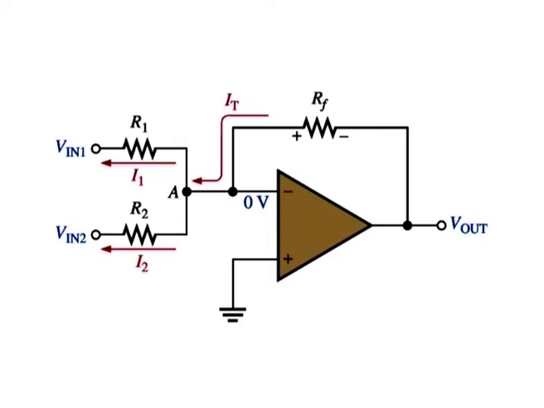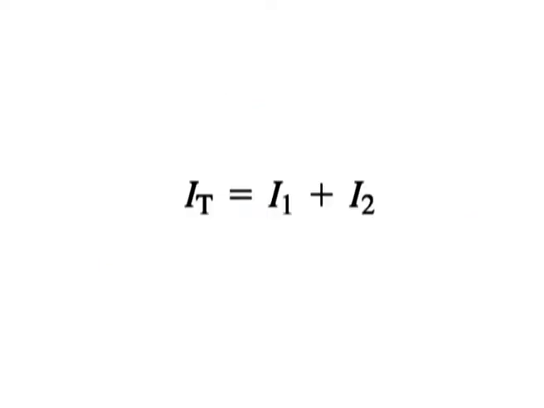This means that the total current I t which goes through RF divides into I 1 and I 2 at summing point A as indicated. So, I t is equal to I 1 plus I 2.